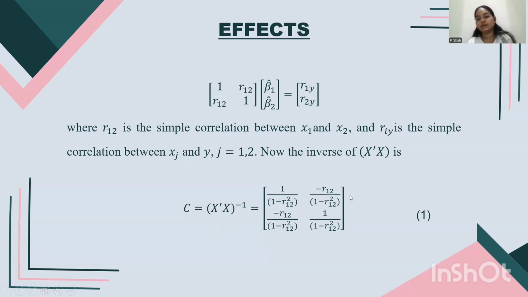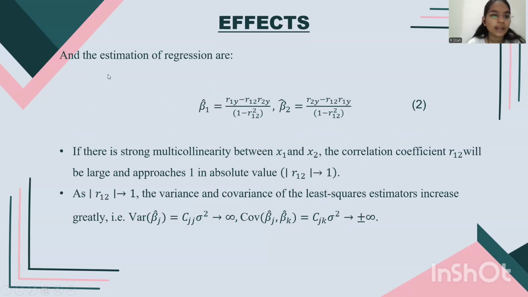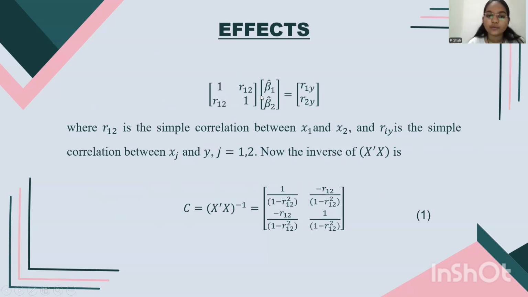We call this equation 1, and the estimates of the regression coefficients are as follows. This is the value of beta 1 cap and this is the value of beta 2 cap. They come from this matrix multiplication.